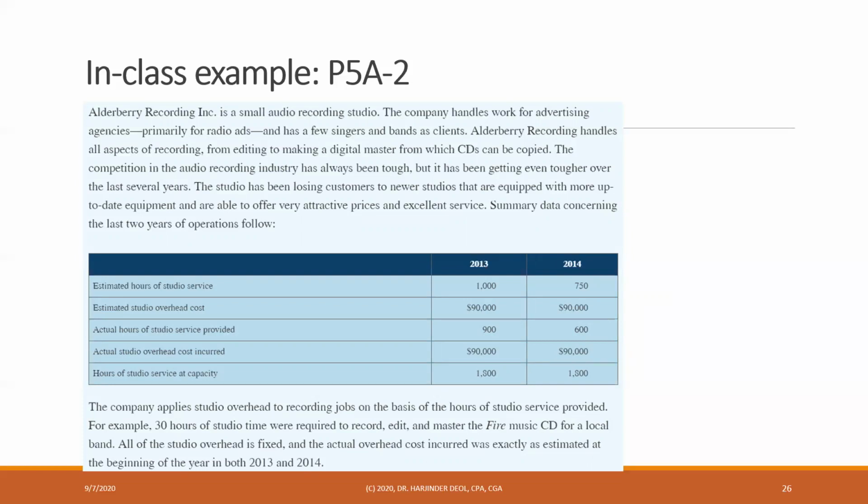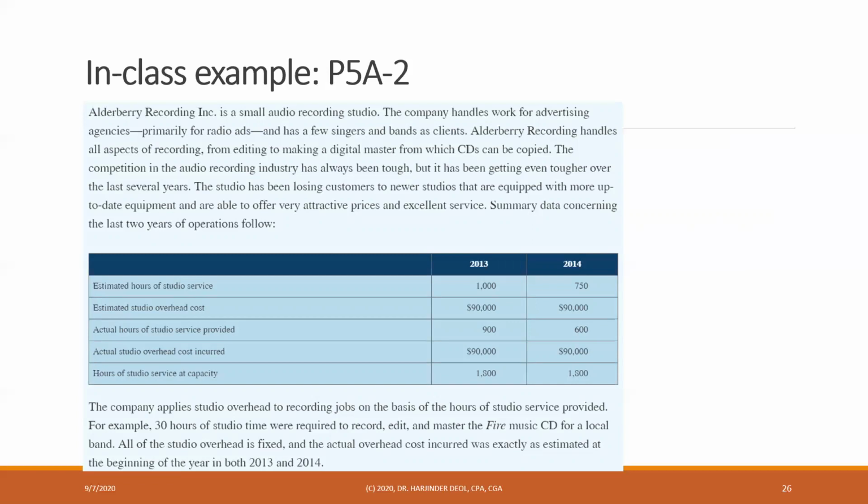The company applies studio overhead to recording jobs on the basis of the hours of studio service provided. For example, 30 hours of studio time were required to record, edit, and master a recent music CD for a local band called Fire. All of the studio overhead is fixed, and the actual overhead costs incurred was exactly as estimated at the beginning of each of the years 2013 and 2014.